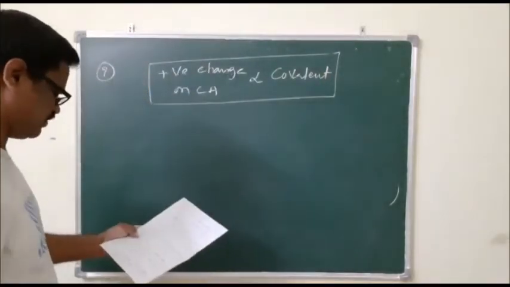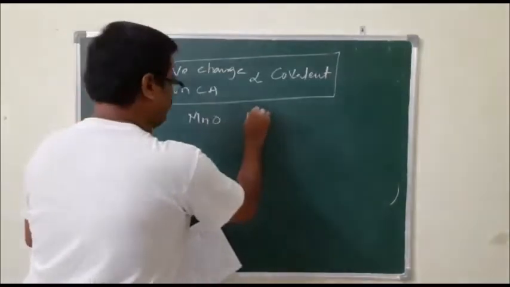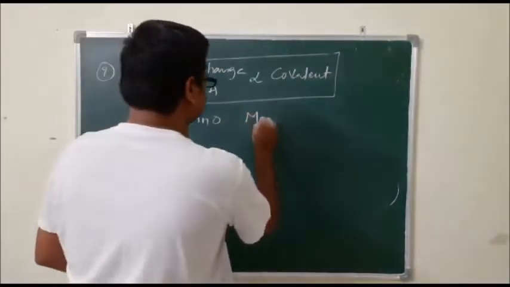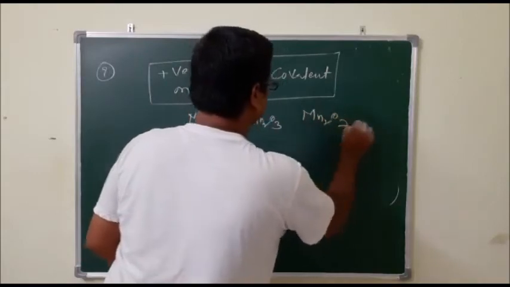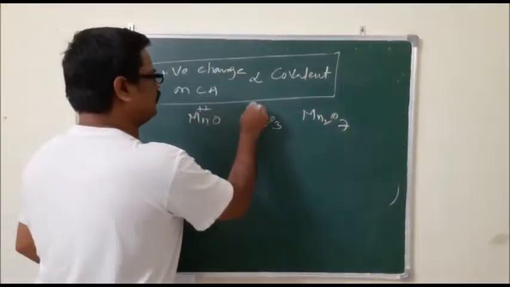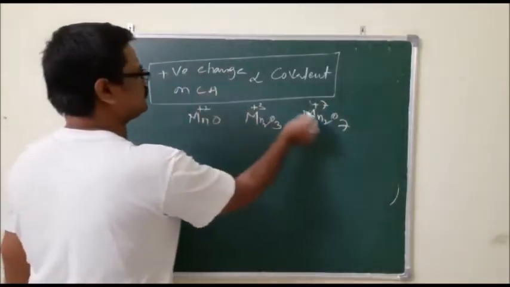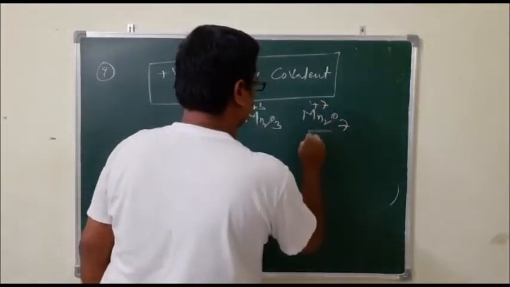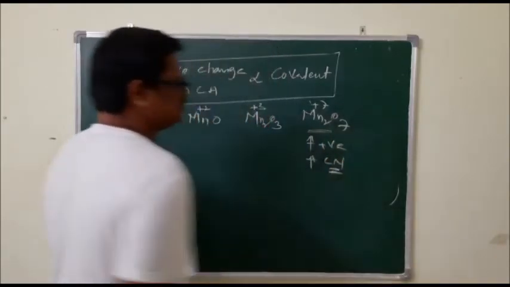MnO, Mn2O3 and Mn2O7 are given. Don't forget plus 2, plus 3, plus 7. More positive charge, more covalent nature.